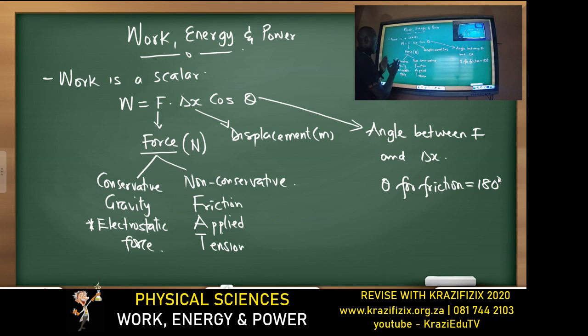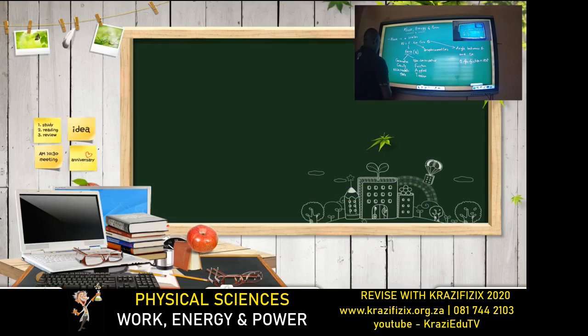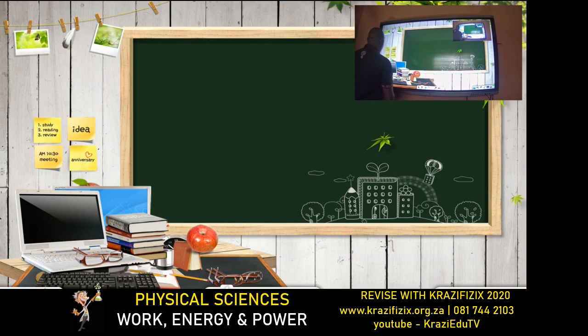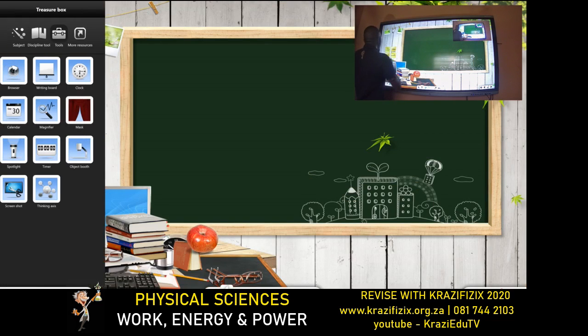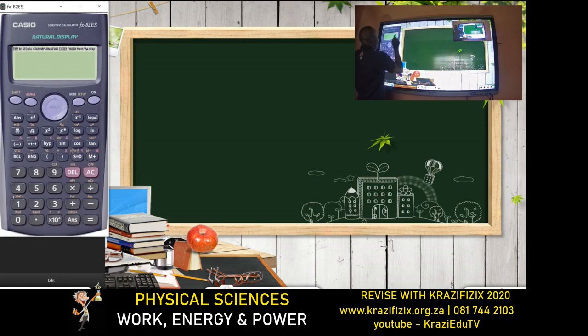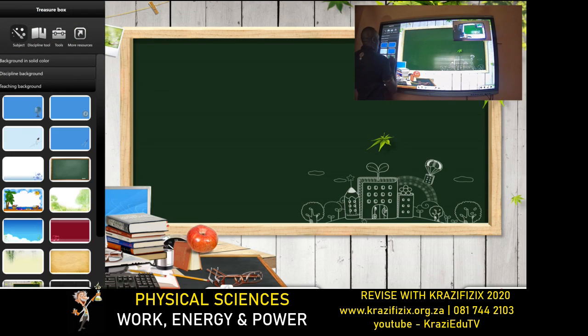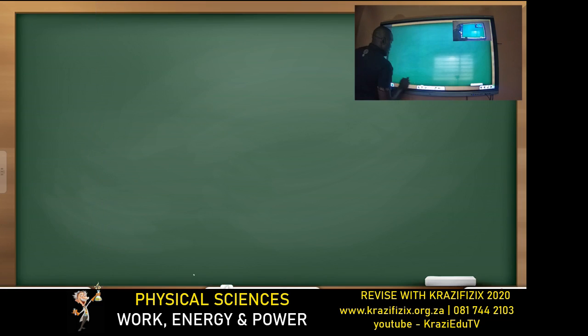So we have conservative and non-conservative forces, and we have our angle theta and delta x. By the way, work can be measured in joules. Remember, work is F delta x cos theta, and the unit of this is joules.